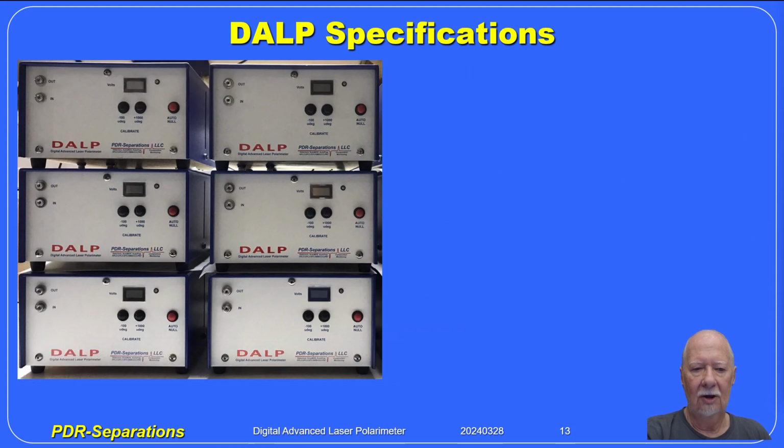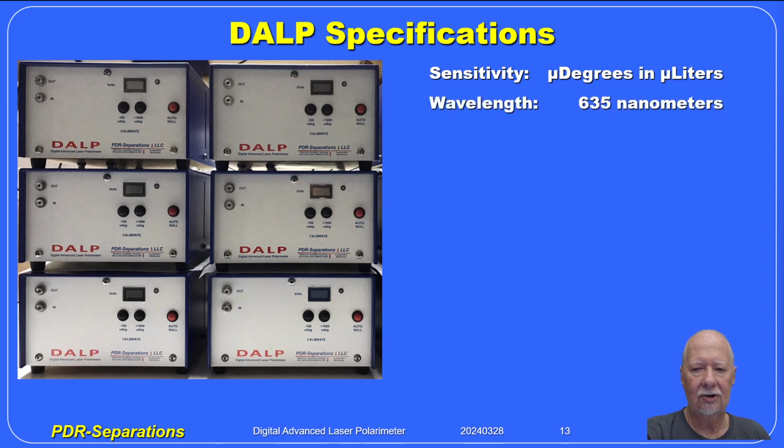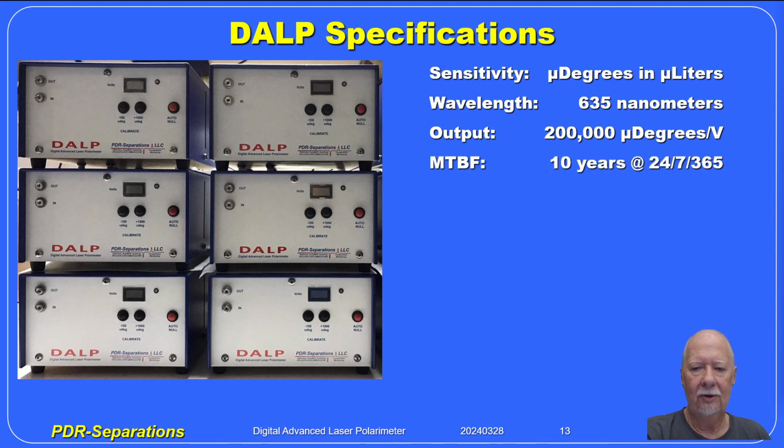Dalp specifications: sensitivity, microdegrees in microliters, wavelength 635 nanometers, output 200,000 microdegrees per volt. Mean time between failure 10 years at 24/7, 365, including the laser.